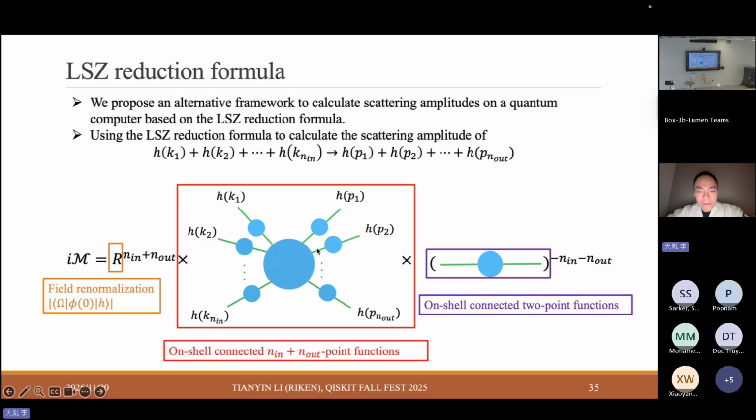Why do we need to multiply by the inverse of the on-shell 2-point functions? That is because the on-shell kinetic endpoint functions will be singular if we put the external legs on shell, and this singularity can be removed by multiplying the inverse of the on-shell kinetic 2-point functions, and then we can obtain the finite results of the scattering amplitude.